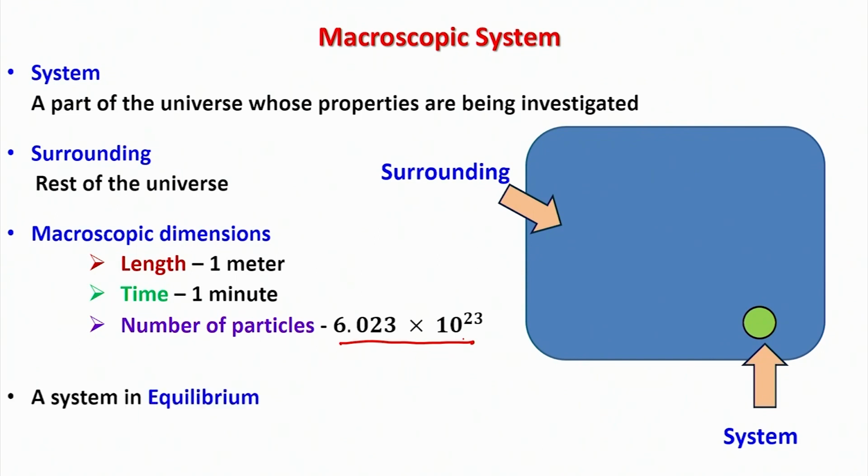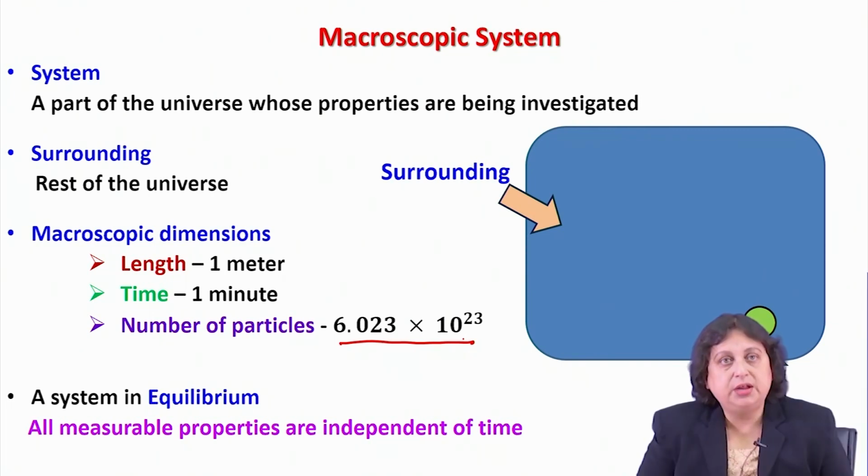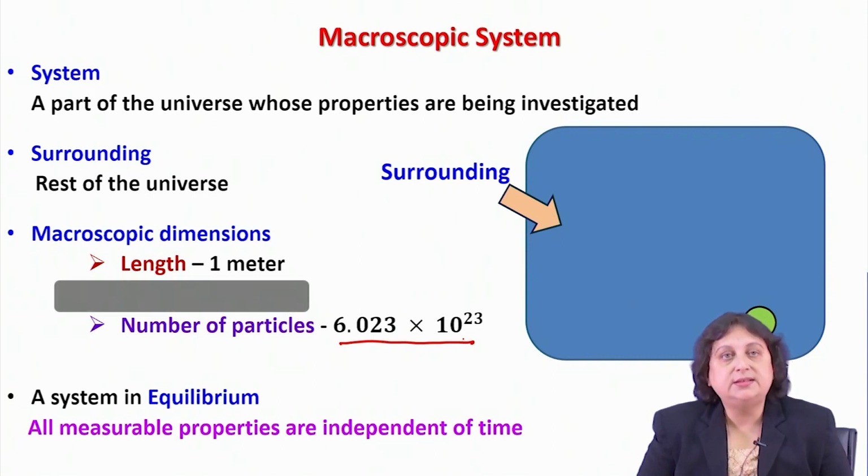And then I say that if I am studying a system like this, thermodynamics focuses on the system in equilibrium, which means that all the measurable properties of this system will be independent of time. And this means that in thermodynamics, the essential dimensions that I use would include length and the number of particles, and there will be no concept of time.